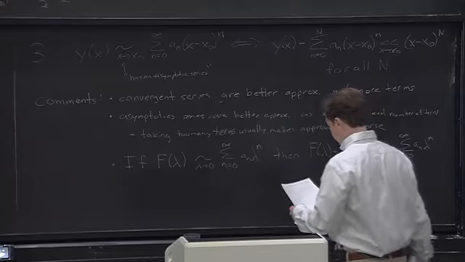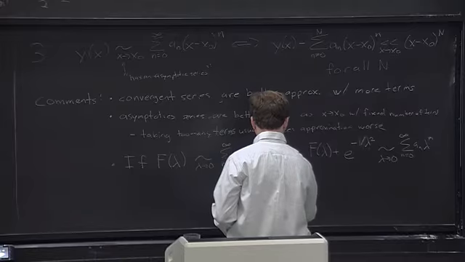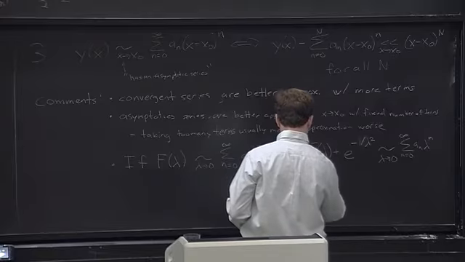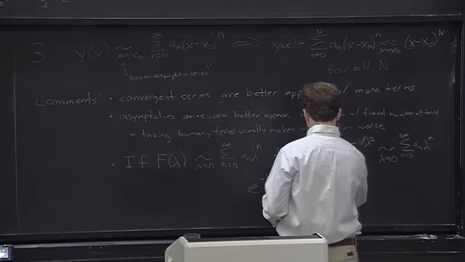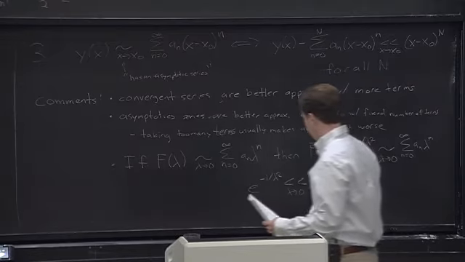That's because e to the minus 1 over lambda squared is much less than lambda to the n for any n as lambda goes to 0.